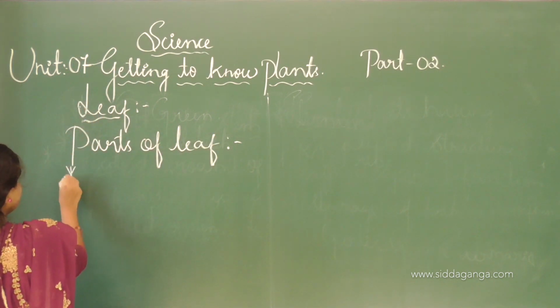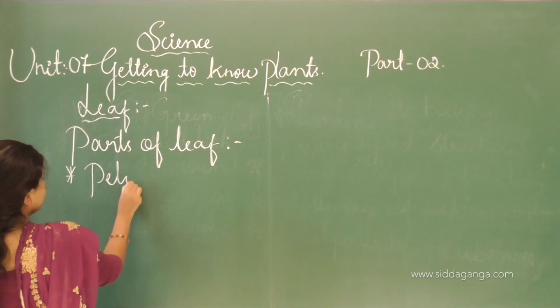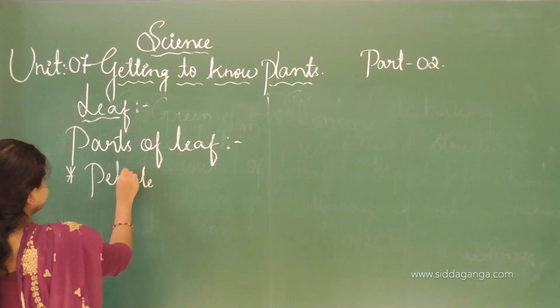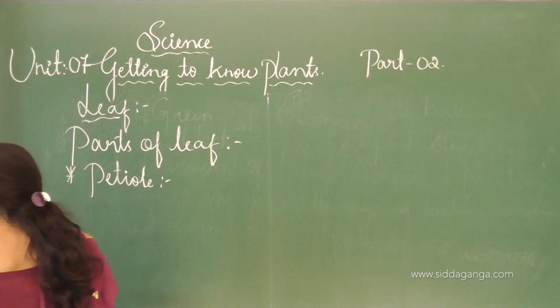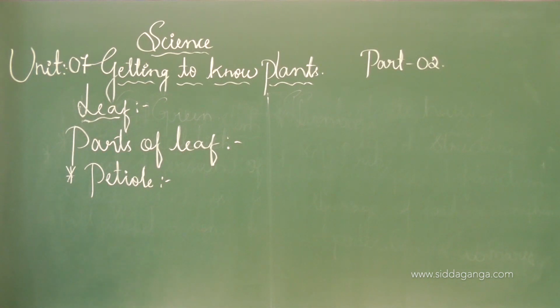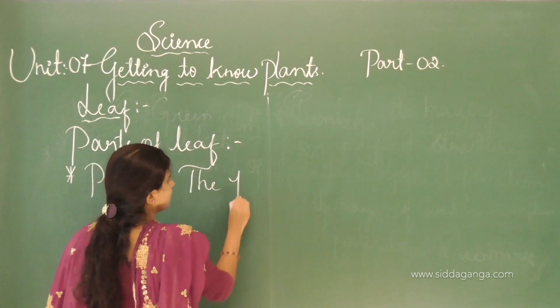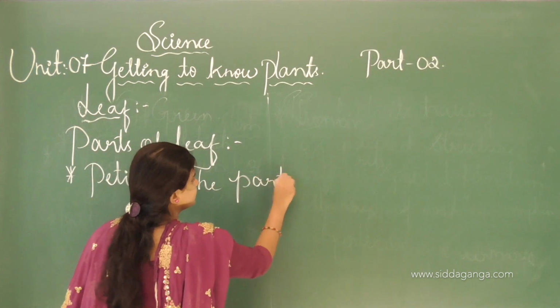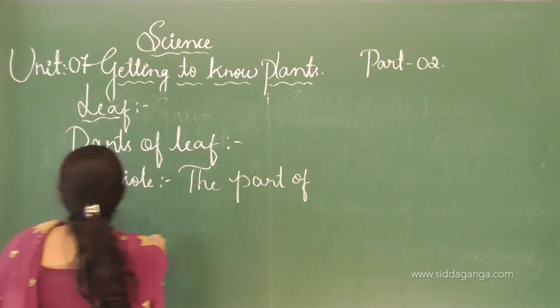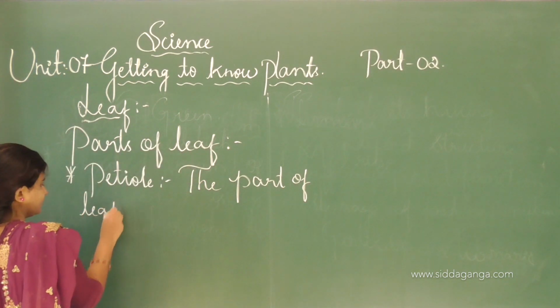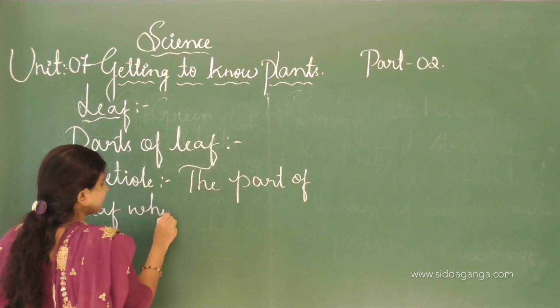First part is the petiole. Petiole is nothing but the part of a leaf which is attached to the stem.